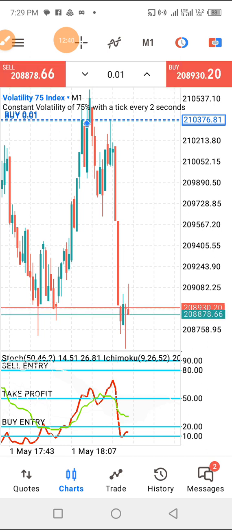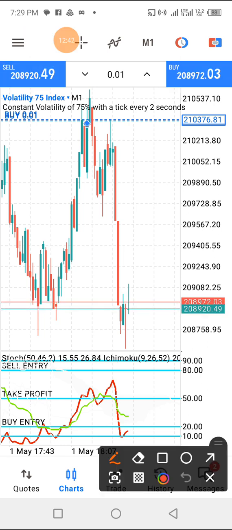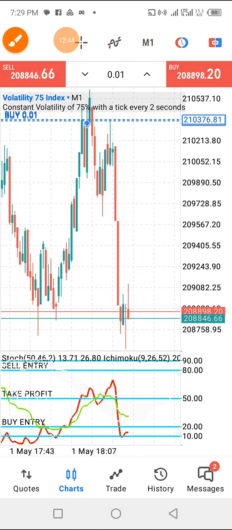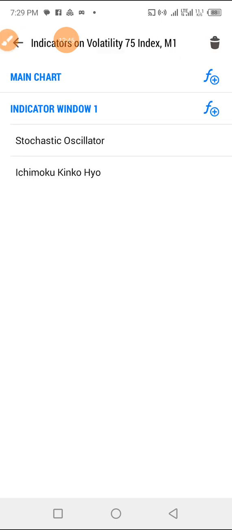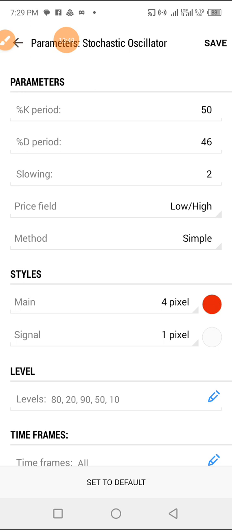So the setup, if you want to get it, come to this icon here, click on it. When you click on it, it will take you to where the indicators are. The first indicator is the stochastic indicator: 50 period for the K, the D period 46, the slowing should be 2, low and high, simple. Then the main, you can use any color of your choice. It's not necessary to use the ones I'm using, but make sure you identify them.